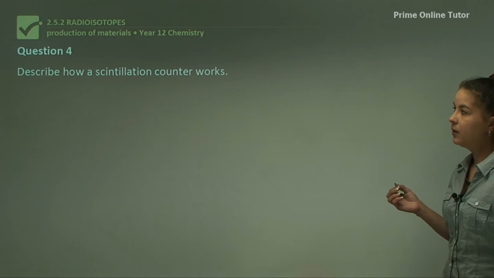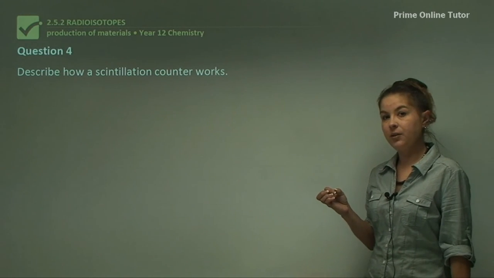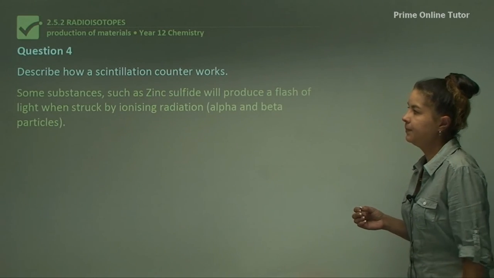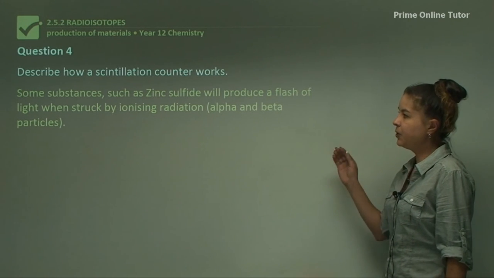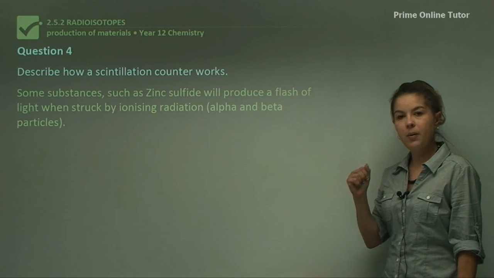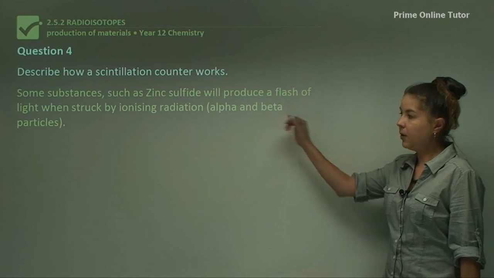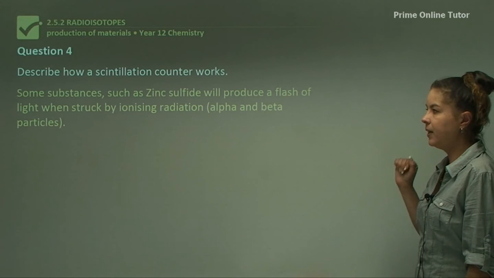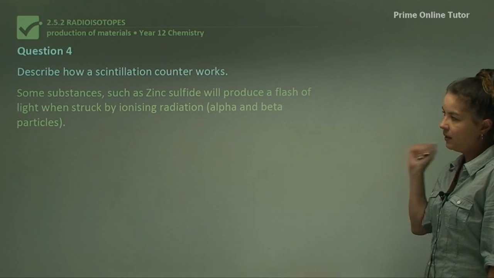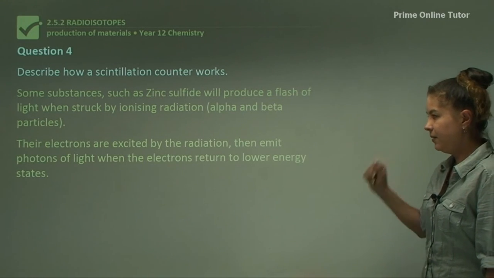Question 4, describe how a scintillation counter works. Some substances, such as zinc sulfide, will produce a flash of light when struck by ionising radiation, primarily alpha and beta particles, so the less penetrating type of radiation. And this can be measured.